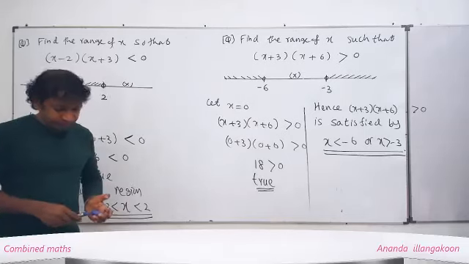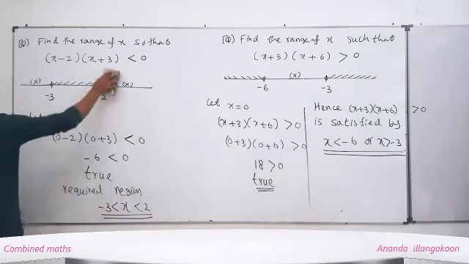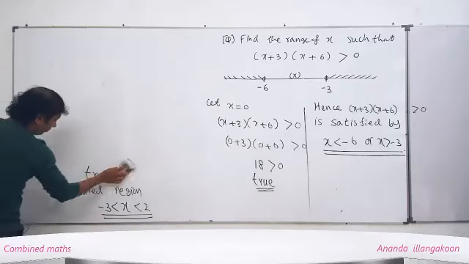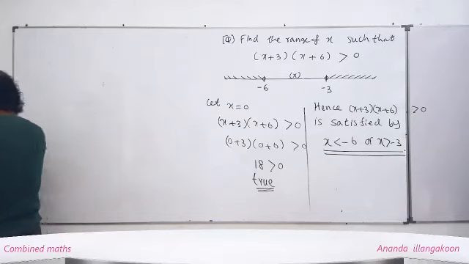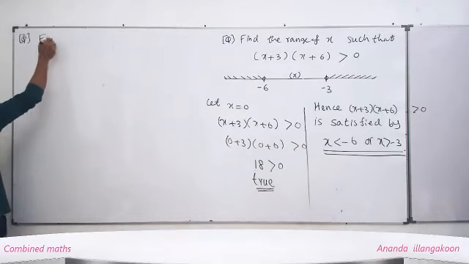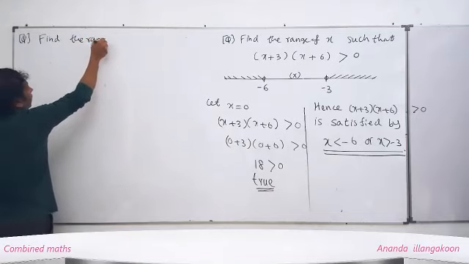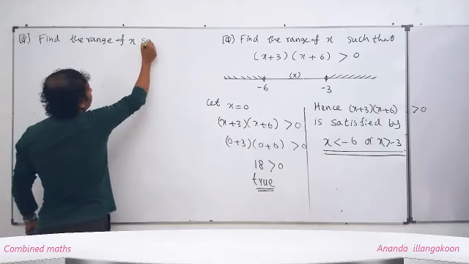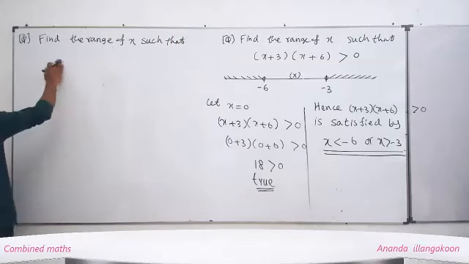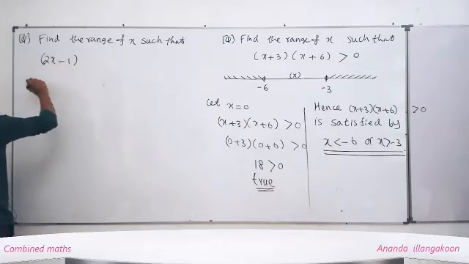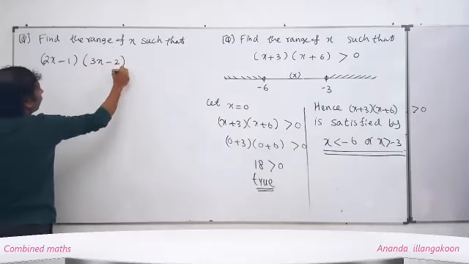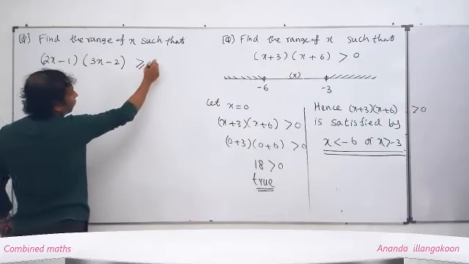Right. It is another one more. Find the range of x such that (2x minus 1)(3x minus 2) is greater than or equal to 0.